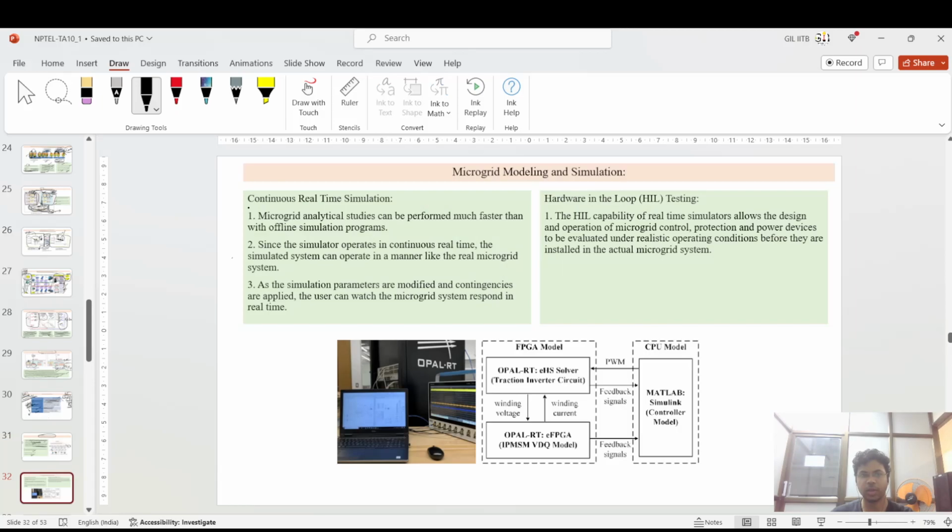I want to explain in detail what continuous real-time simulation and hardware in loop are.